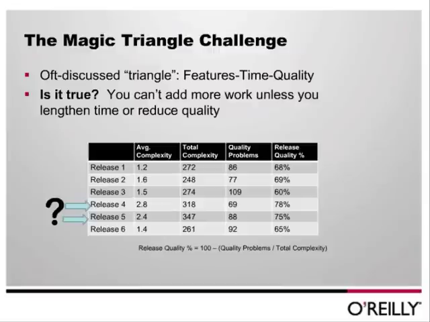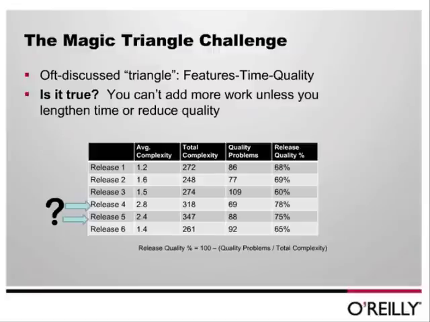And what changed, you'll see, is the amount of work measured by the total complexity of the work items included in the release, where we rated each work item on a scale of 1 to 4 for complexity and then added all those up.